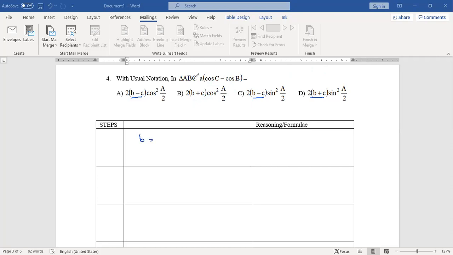If you open the bracket, it is A cos C minus A cos B. I told you, when you get opposite, it is always projection rule.